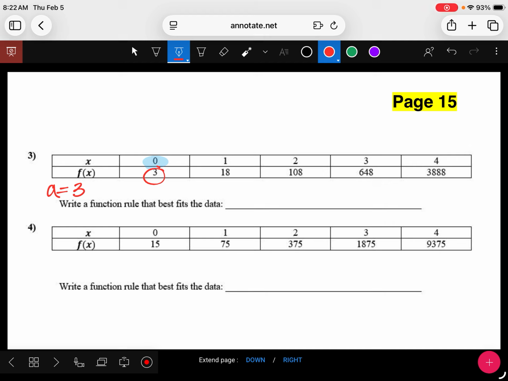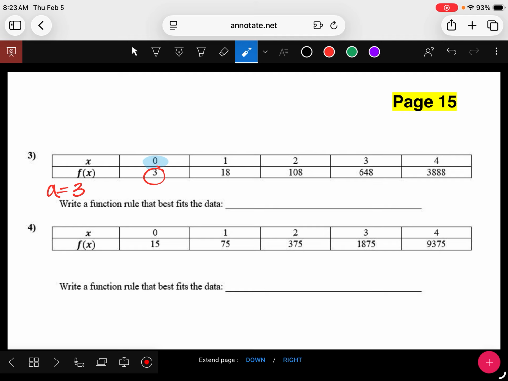Now, don't say it out loud, but you need to figure out what number we multiply by 3 to get 18. And it's the same number that we multiply by 18 to get 108. What number do we multiply by 108 to get 648? They should all be the same number.